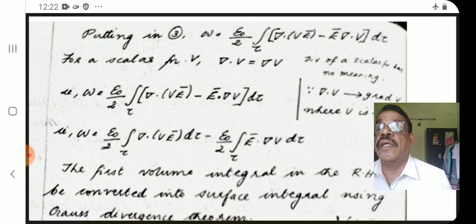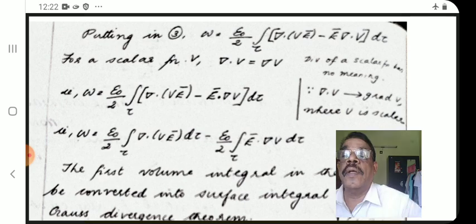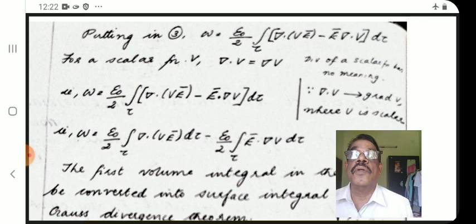Therefore, we write W is equal to epsilon 0 by 2 volume integral del dot VE minus E dot del V d tau. Del V is a vector, E is a vector. So if there is no dot in between E and del V, it has no meaning.